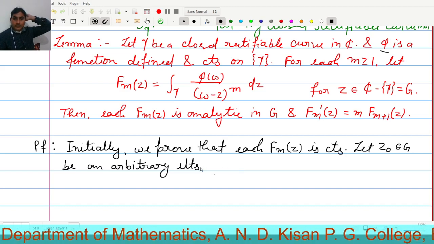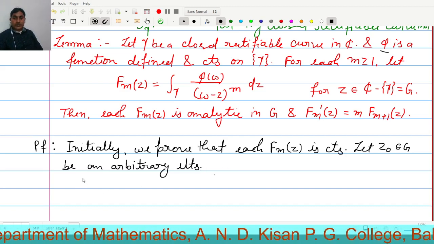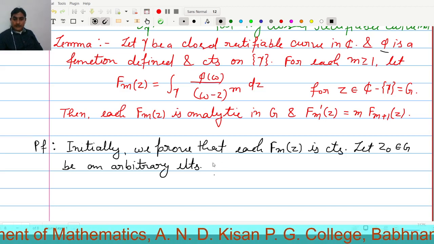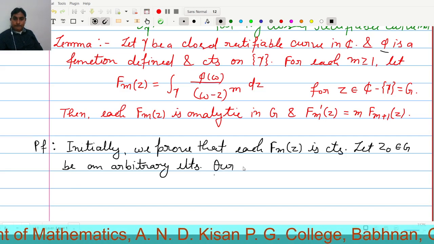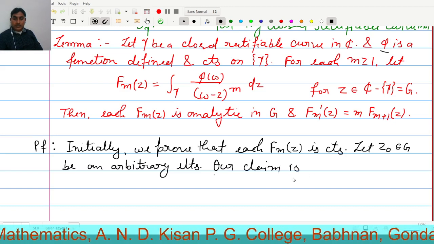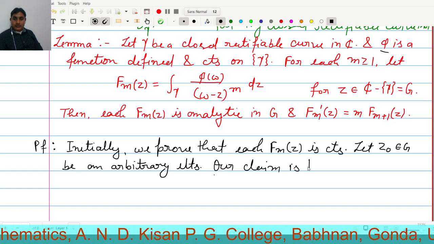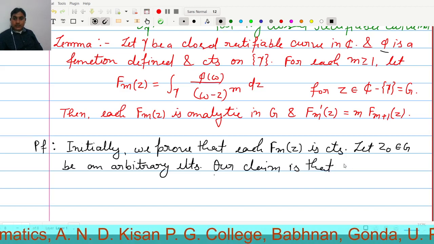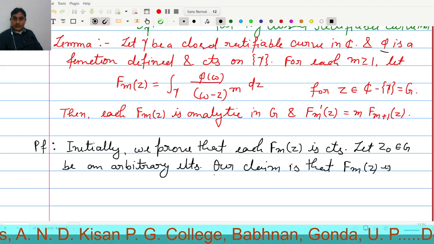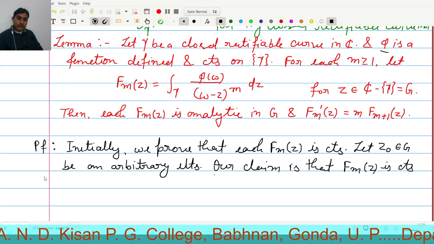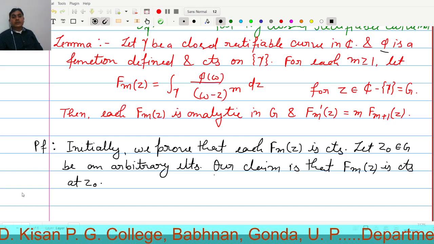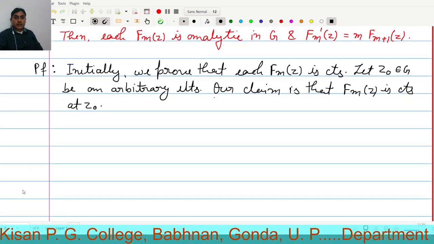Okay, so suppose this is an arbitrary element. Our claim is that F_m(z) is continuous at z0.